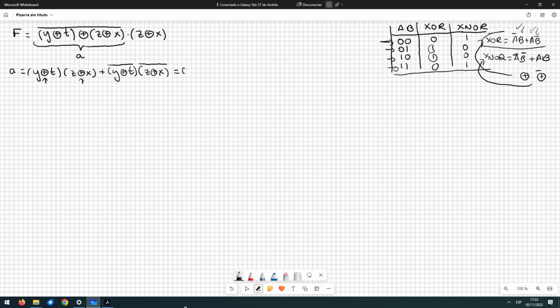We have this and this. So this is this, and this term is this term, just substituting the expression of the XOR.